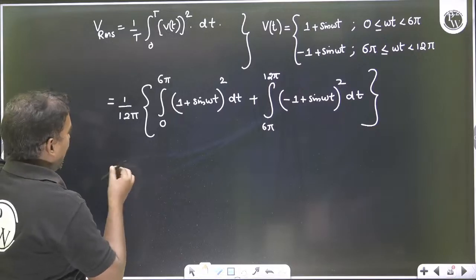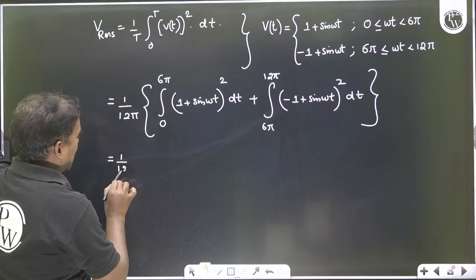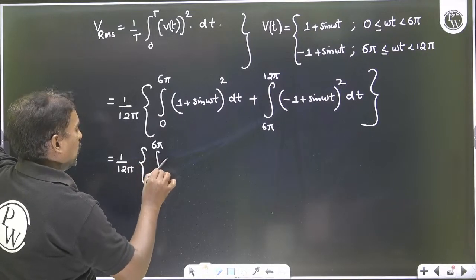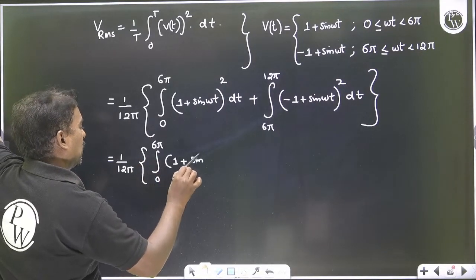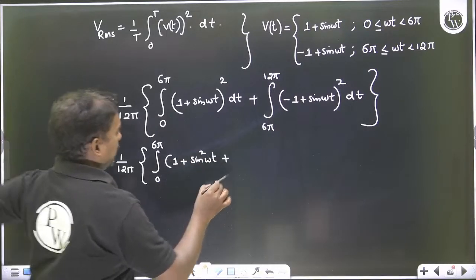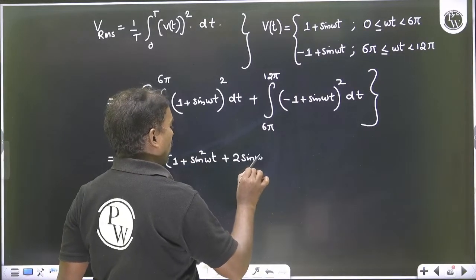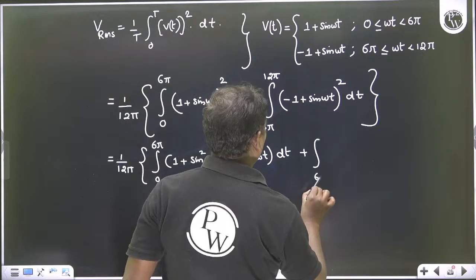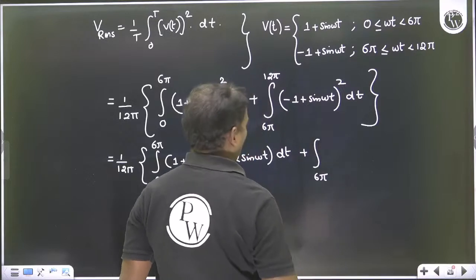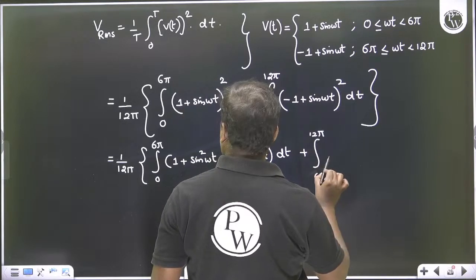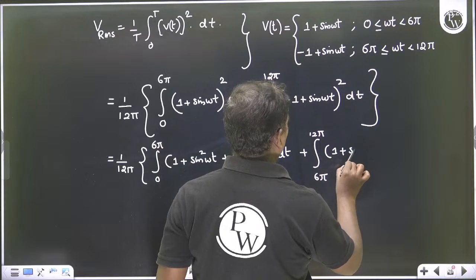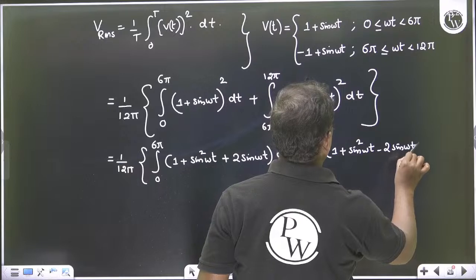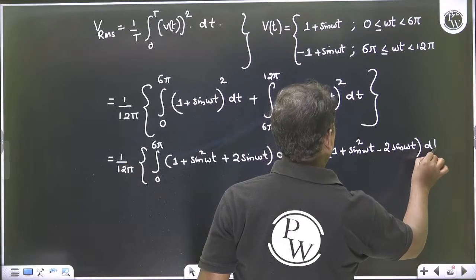Simplification is pure maths, and I think you are familiar with the maths. From 0 to 6 pi, this is 1 plus sine square omega t plus 2 sine omega t into dt, plus from 6 pi to 12 pi, 1 plus sine square omega t minus 2 sine omega t into dt.